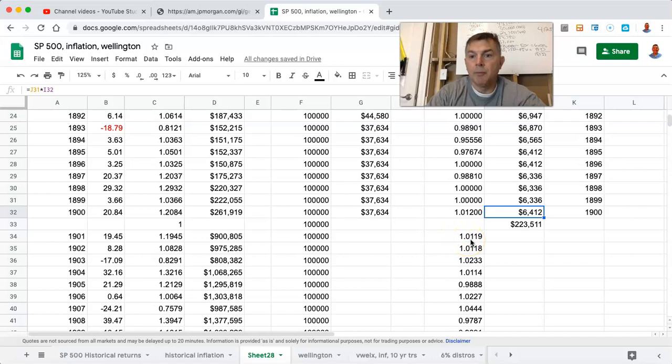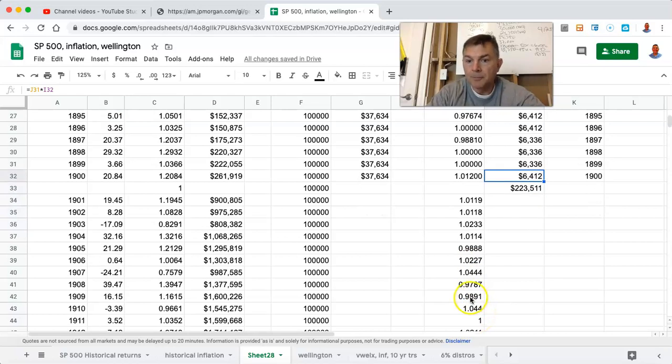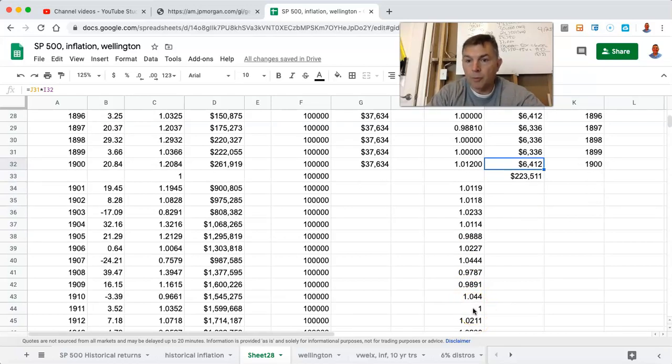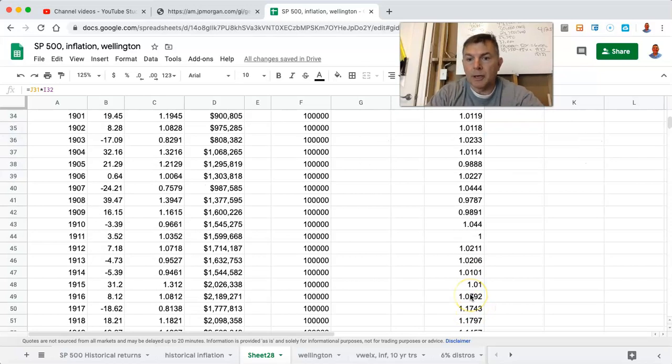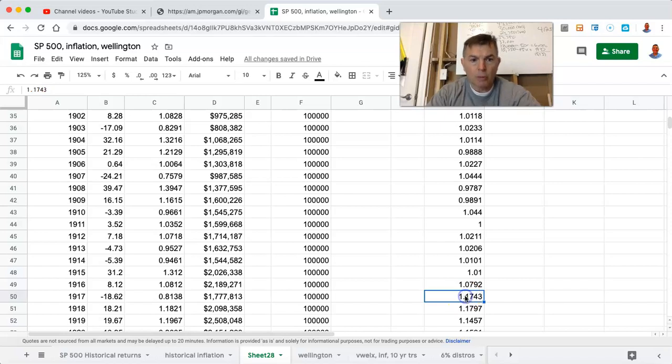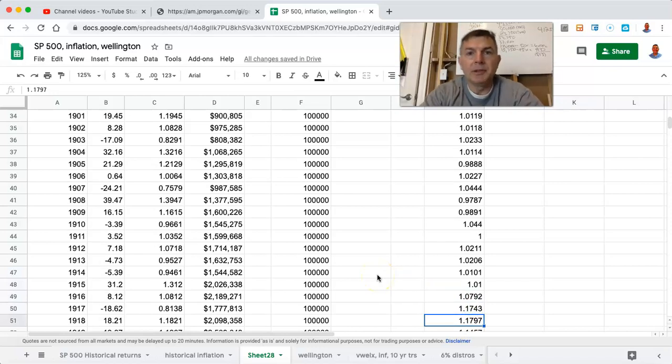All right, we got 1.1, 1.1, 2.3, 1.1, deflation, 2.2, 4.4, deflation here, deflation, 0.44, 4.4%. So nothing extraordinary until World War I kicked in, when it went to 7.9, 17, 17, 18, 15. So that was the inflationary time of the first series.